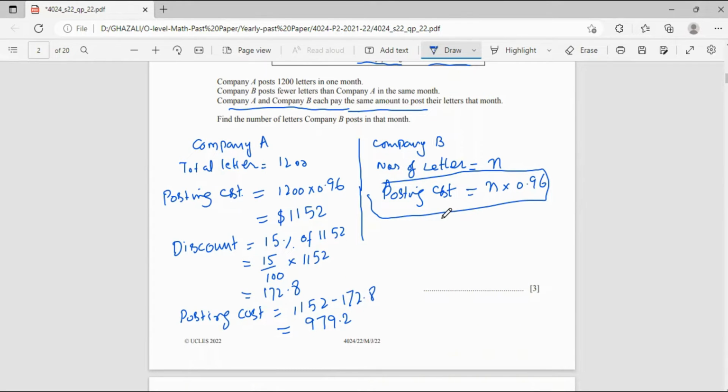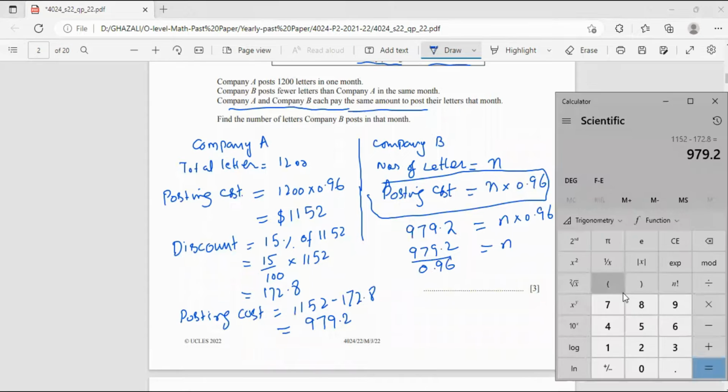Therefore, 979.2 will be the posting cost according to the statement. Now n multiplied by 0.96, so n equals 979.2 divided by 0.96.